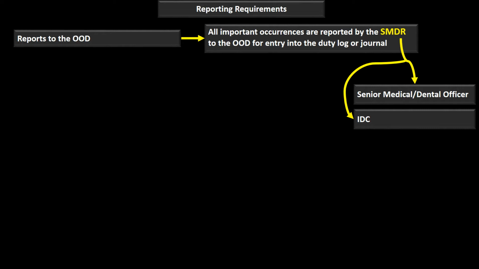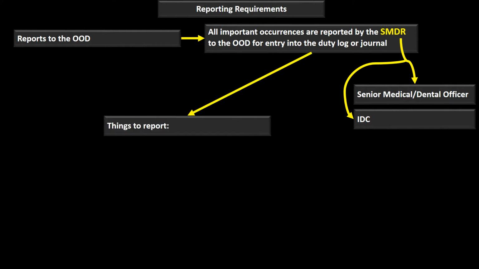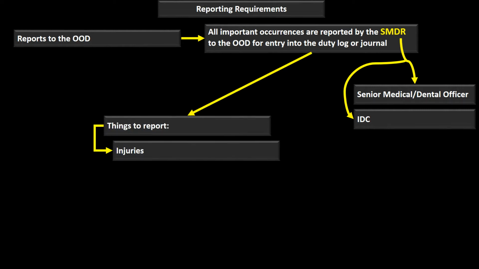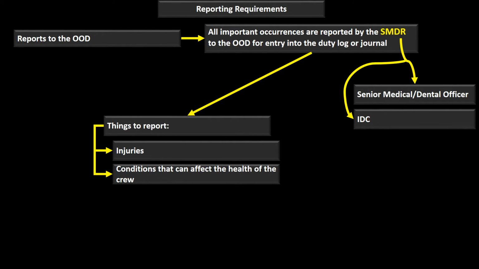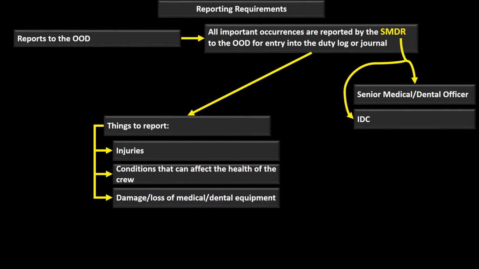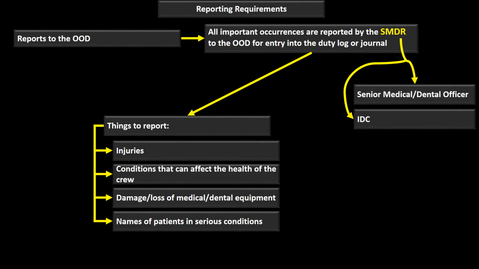Things that need to be reported to the OOD will include injuries, conditions that can affect the health of the crew, damage or loss of medical and dental equipment, names of patients that are in serious condition, and those will also be reported directly to the CO as well as the OOD. Anybody who's in serious condition, with the information that's necessary to notify the patient's next of kin.